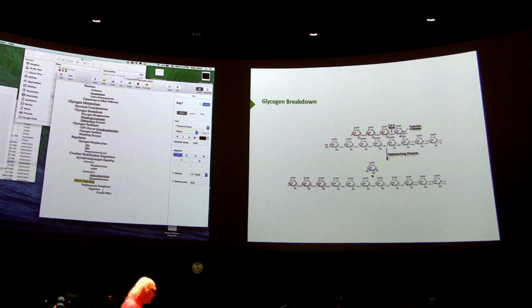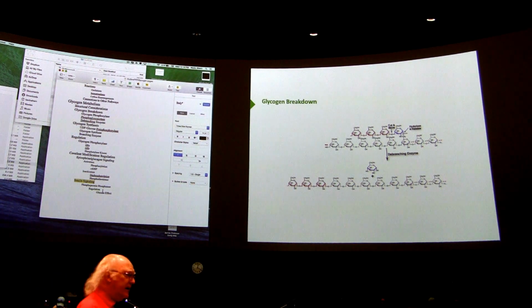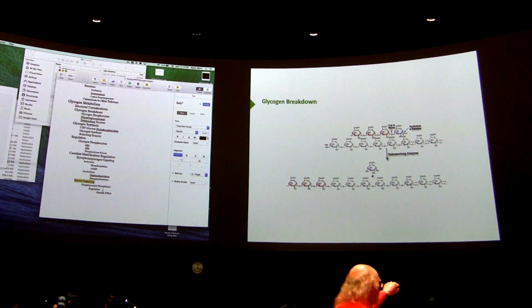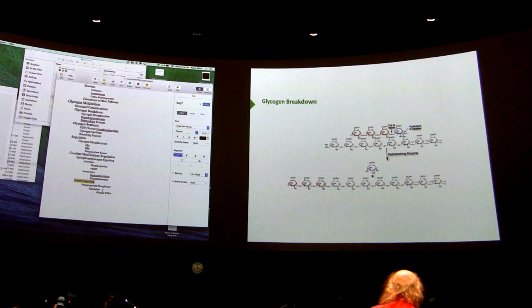You have a phosphoglucomutase that converts the glucose 1-phosphate into glucose 6-phosphate so it can be used in glycolysis or gluconeogenesis. And then that branched molecule is dealt with by an enzyme called debranching enzyme that takes 3 of those glucoses and puts them on the other end, making 1,4 bonds, so there's no branch, and then clips that last glucose off using water so that you have free glucose.